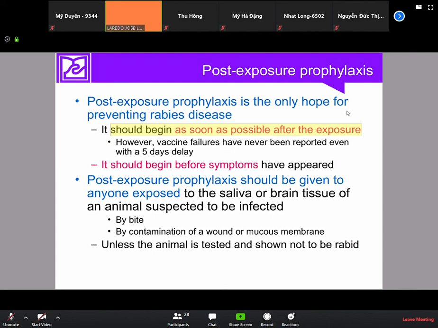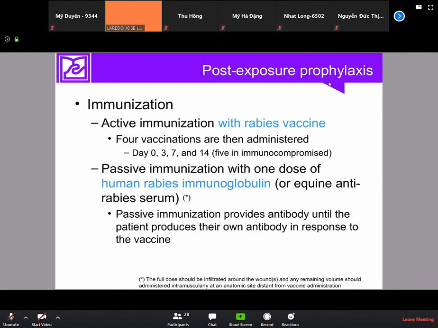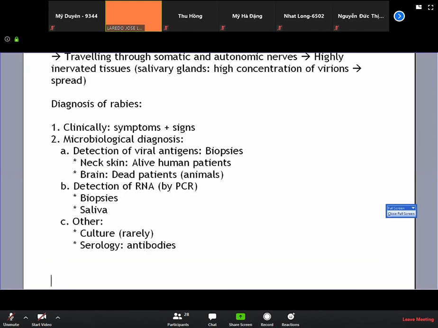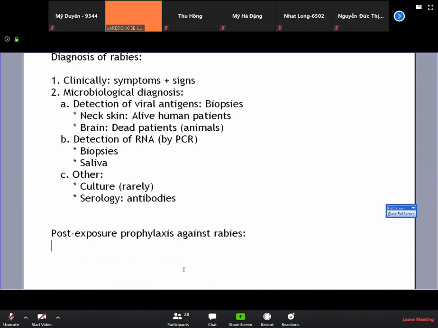So how can we do post-exposure prophylaxis? I explain it here. Post-exposure prophylaxis against rabies is made, firstly, with the vaccine, by vaccination.